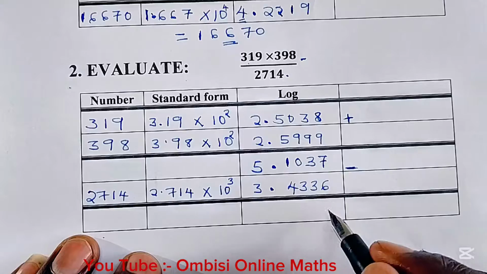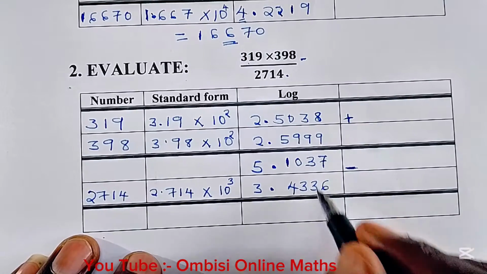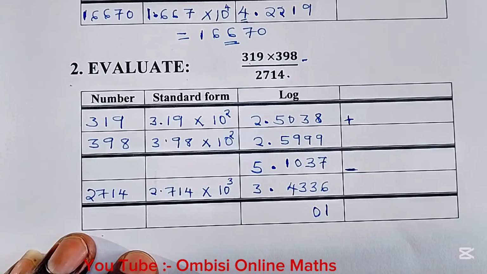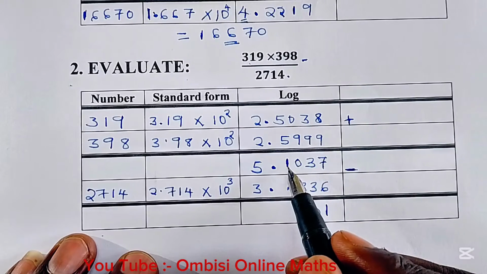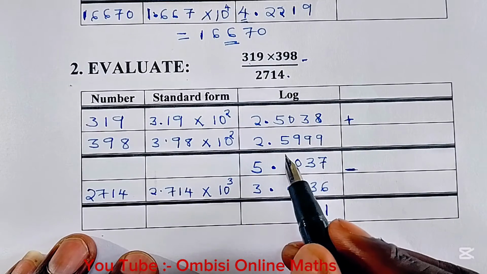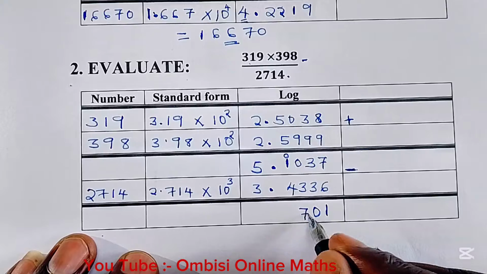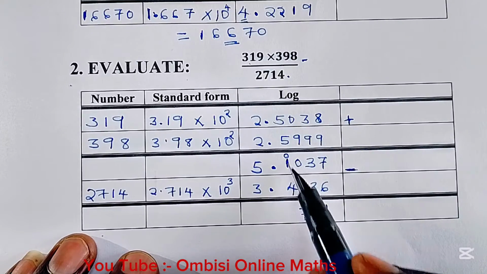So 7 minus 6 gives us 1. 3 minus 3 gives us 0. Then 0 minus 3, so you borrow from here. You remain with the 0 if you borrow. If you put it, it becomes 10. 10 minus 3 gives us 7. Remember, you remain with the 0 in this particular place.